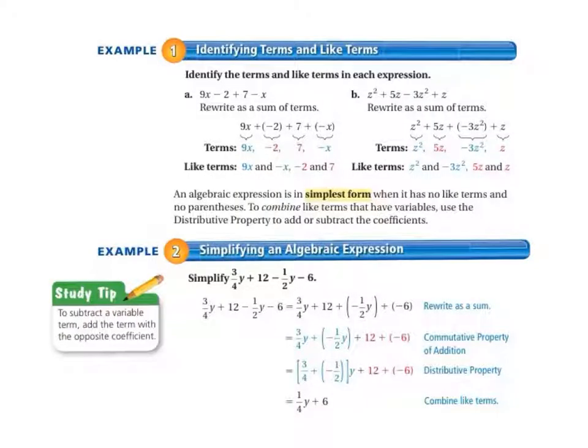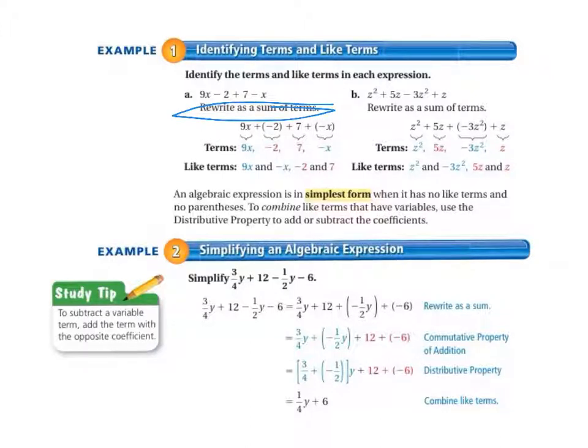We're going to start on page 82 in your Big Ideas math book. Example 1, we're going to identify the terms and like terms in each expression. So, letter A, we have 9x minus 2 plus 7 minus x. First we rewrite as a sum of terms.